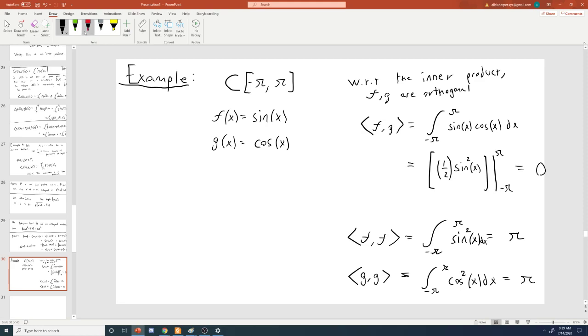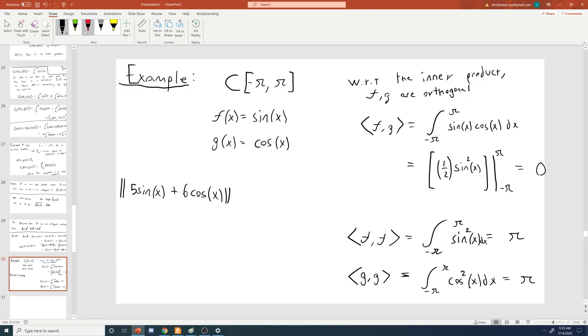So, suppose we want to compute the length, or the norm, of 5 times sine of x plus 6 times cosine of x.